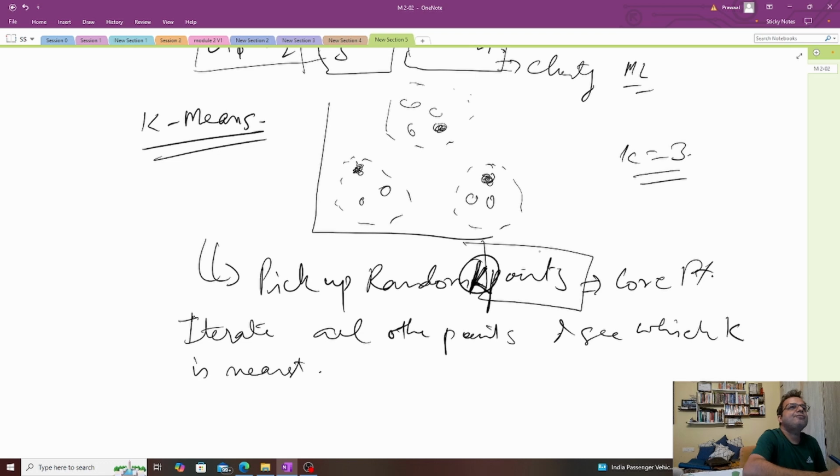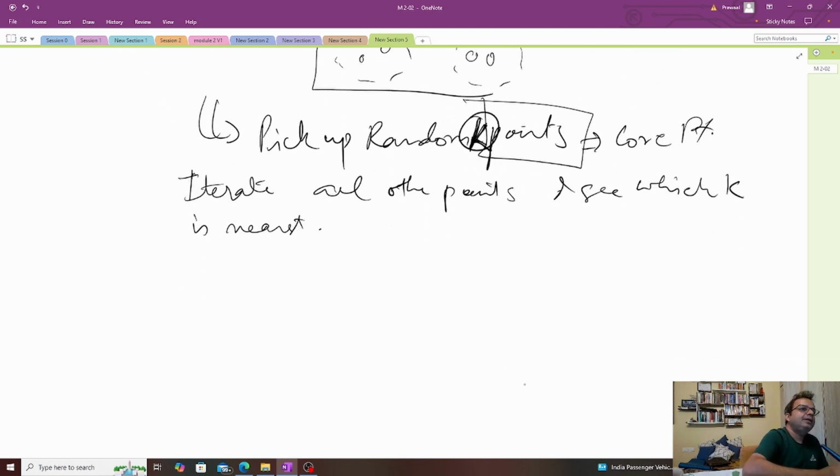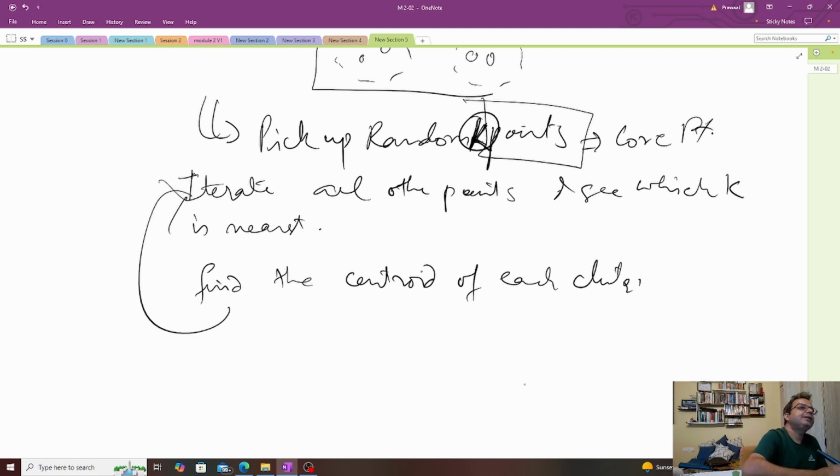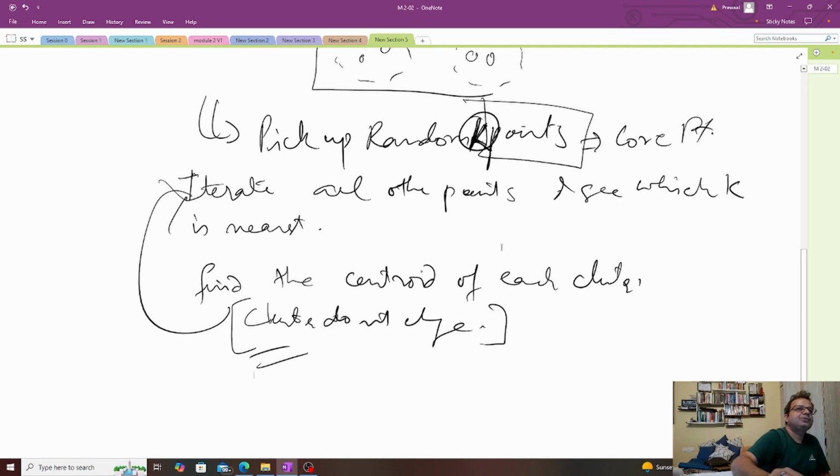Once you have grouped all of these points together, you find the centroid of each cluster. And then you repeat, and you keep repeating until your clusters do not change.